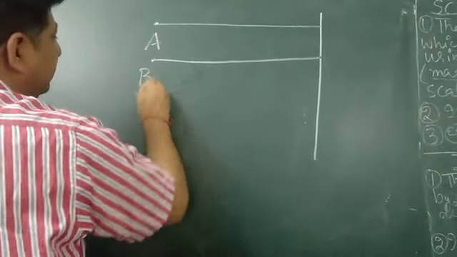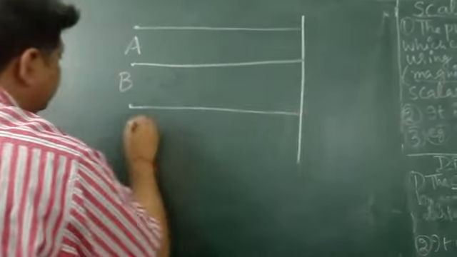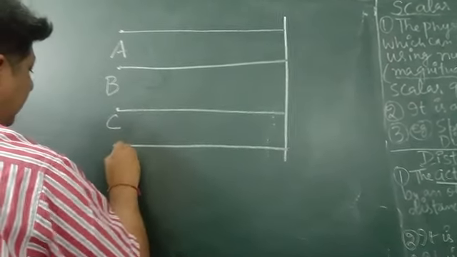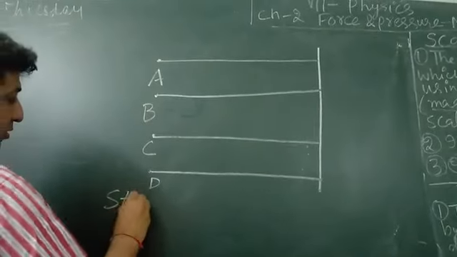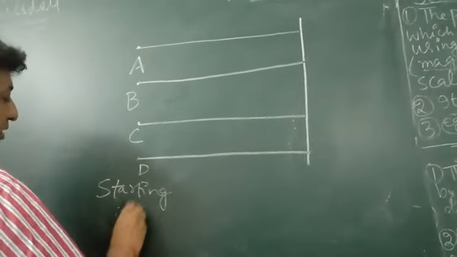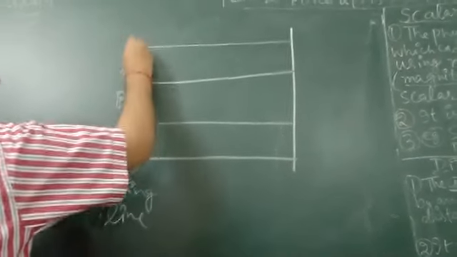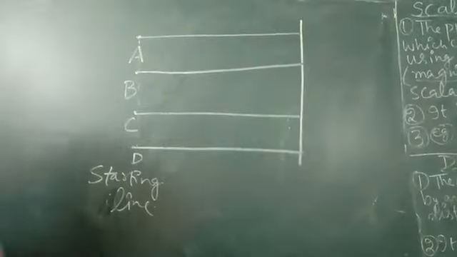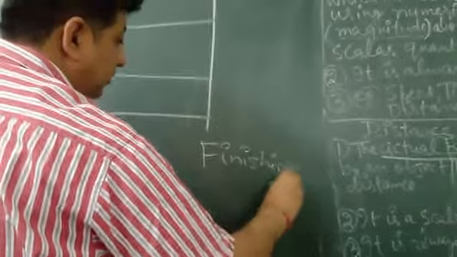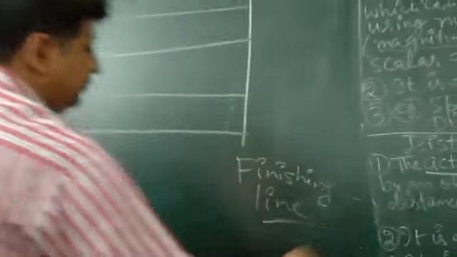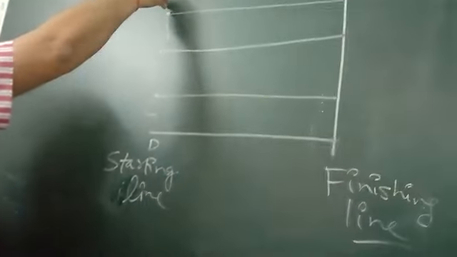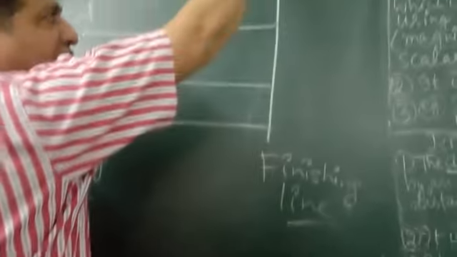If we have, say, 4 cars and they start from the same starting point, or we can say starting line, and this is the finishing line. So the starting line for all the 4 cars is the same. The finishing line for all the 4 cars is the same.